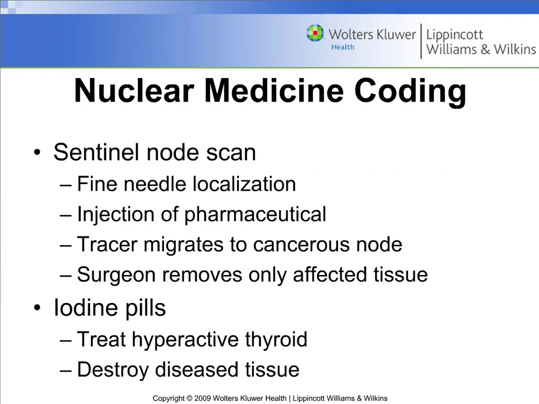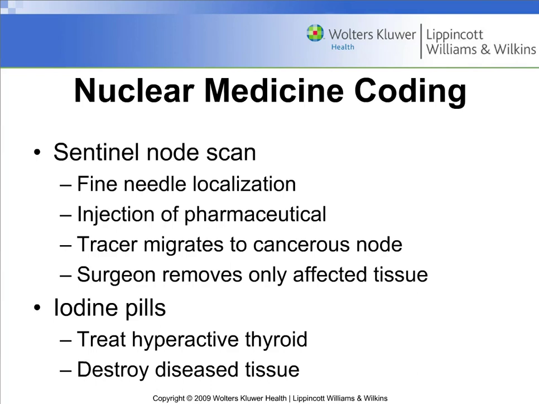Okay, so talking more about the nuclear medicine coding aspect, you have a sentinel node scan that helps determine the first lymph nodes to a cancerous tumor, and how this test is performed. It's performed under mammographic guidance, particularly for breast cancer.